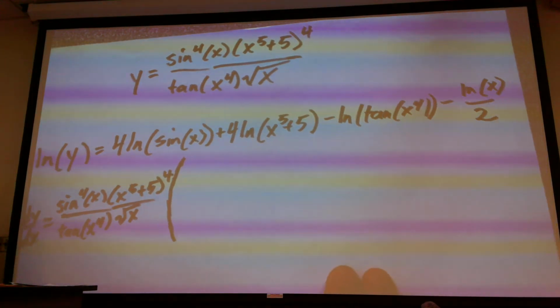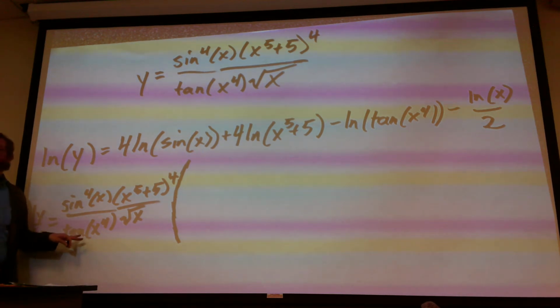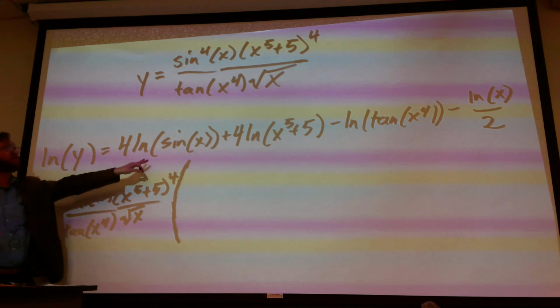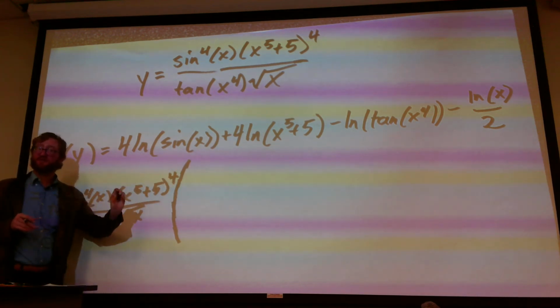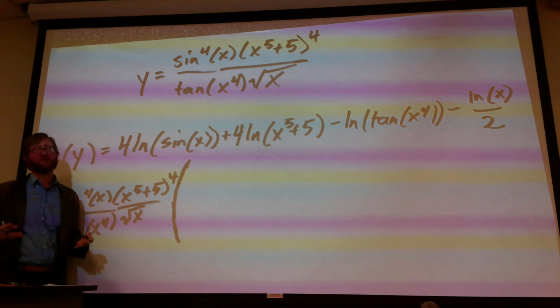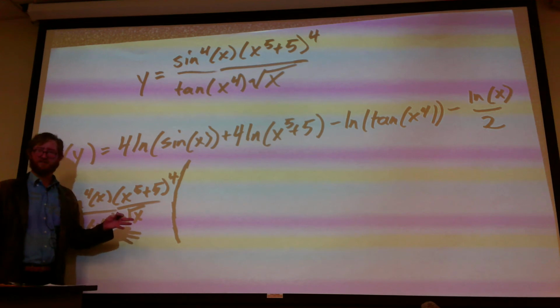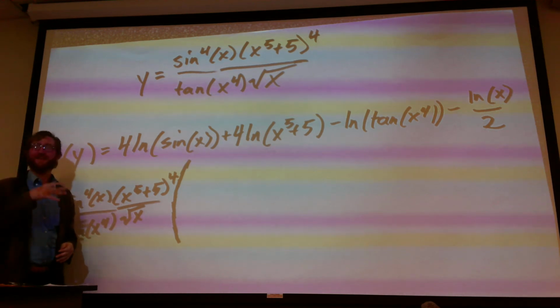So then just put a big parentheses right there. And so at this point of the problem, we multiply back through by what we originally began with. And now I'm going to differentiate each one of those pieces individually. This is the good thing about logarithms, is that once you do a logarithm, it allows you to break your relationship into all these different pieces, and then you differentiate all the pieces individually.